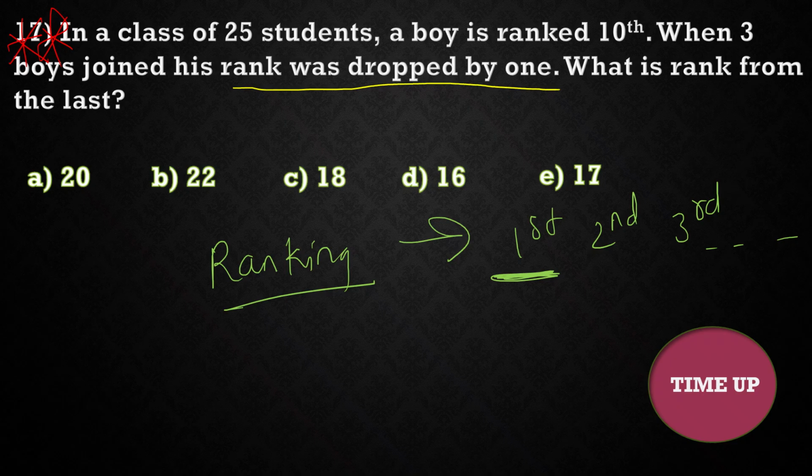If one student is at first rank, and his rank is dropped by 1, how will you calculate that rank? You will say 1 minus 1, I'll go behind. That's completely wrong in case of ranking. Ranking means first is always the first priority, correct?